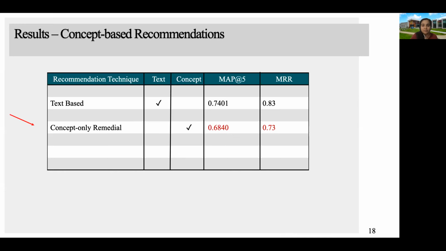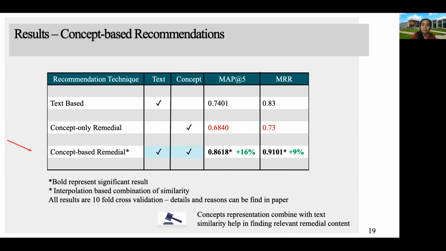We found that concept-based recommendations alone are not able to pull the relevant documents, as the performance of only concepts decreases. So in our third experiment, we combined both text and concept based and found a significant boost in the results, as can be seen in the table. This shows that concept representation combined with text-based recommendation provides better recommendation, which agrees more than 80% of the time with the expert-based remedial recommendation.